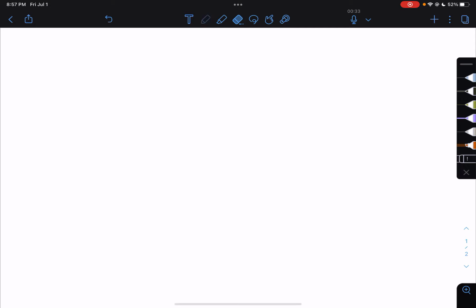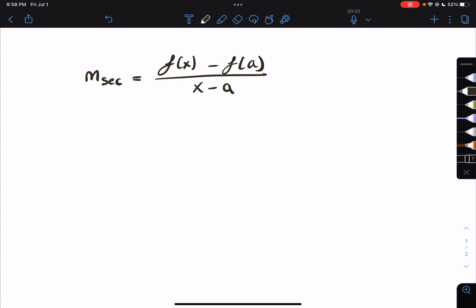But that's just a little review. So we have this equation. For the secant, it's going to be f of x minus f of a over x minus a. And this is just finding, of course, the slope of a secant.